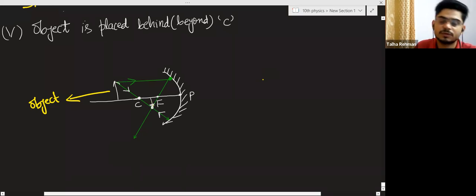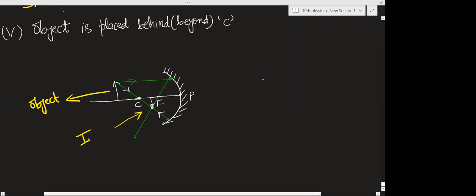How should I draw this? Okay, so this is your image. Will you remember this point? Actually, there is no space to denote the image. I am denoting like this. This is image.